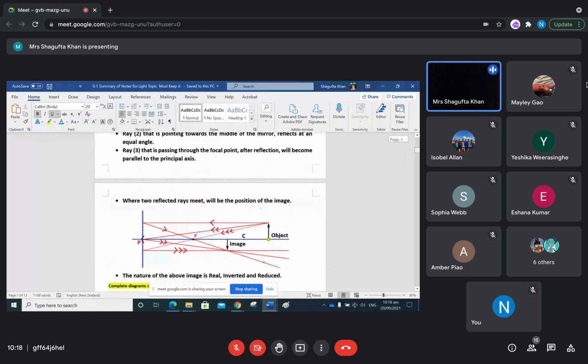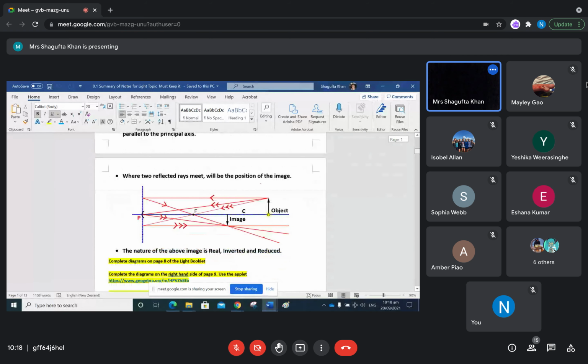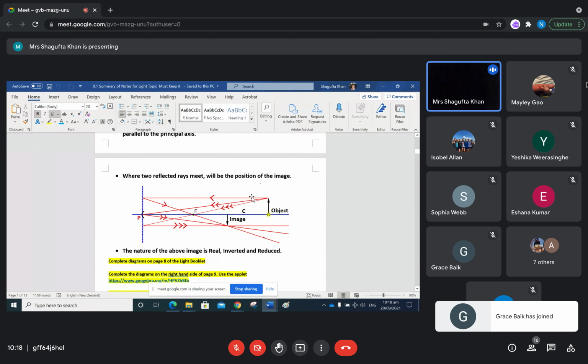Now you will be asked to draw ray diagrams. If this is a concave mirror, and that's just a mirror line, and say for example this is the object, then normally we've been using 2 rays. The first ray is the one going parallel. It will be reflected to the focal point. The second one goes towards the middle of the mirror and reflects at an equal angle.